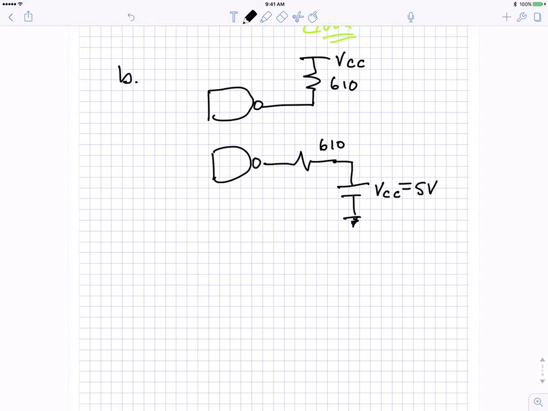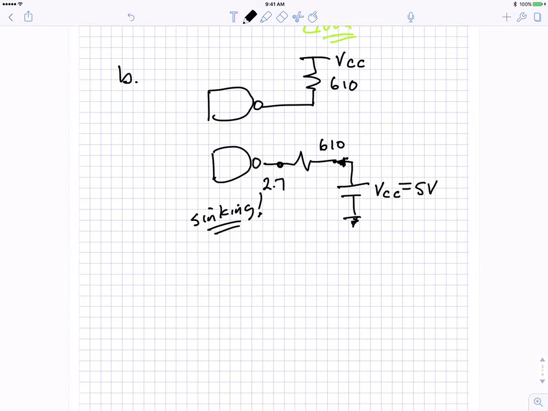So we can check our conditions. All right, the high state, the worst this would be is 2.7, and our current would be, again, sinking, which is good because we have a limit on how much you can source.